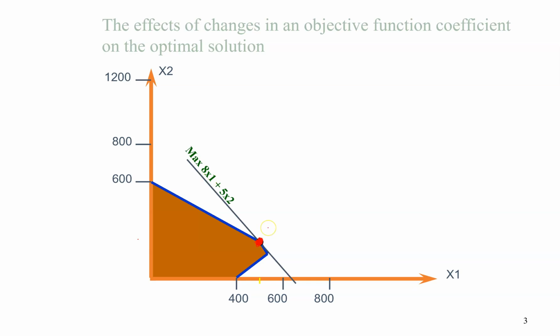This is the original objective function. The coefficient of x1 is 8 and the coefficient of x2 is 5. When we reduce the coefficient of x1 from 8 to 4, see what happened. When it changed to 4, the optimal solution is still not changed.